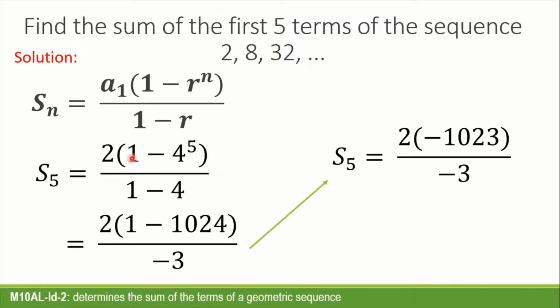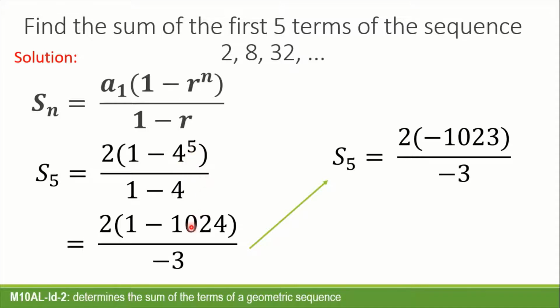Ang una natin simplify itong expression na may exponent. So, 4 raised to 5 muna, or 4 times 4 times 4 times 4 times 4. Okay? Hindi siya 1 minus 4 tas raised to the 5th power, ha? Again, yung exponent na 5 ay nandito siya sa common ratio natin.